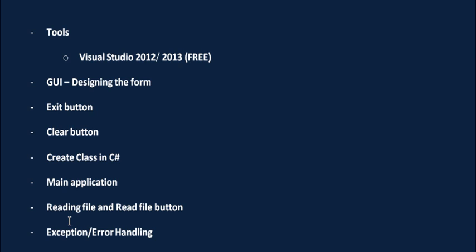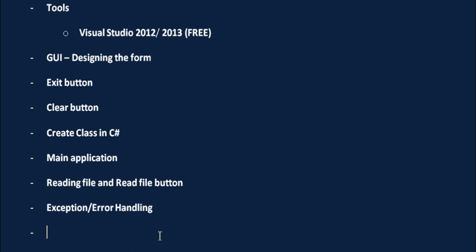Now this is where it starts to get into the actual mechanics of the application that we're building. We'll read the file, program the button, activate. Once the user clicks on read file, it will actually start displaying the file on the screen. We'll talk about exceptions and error handling, and then finally the evaluate button or the results button.